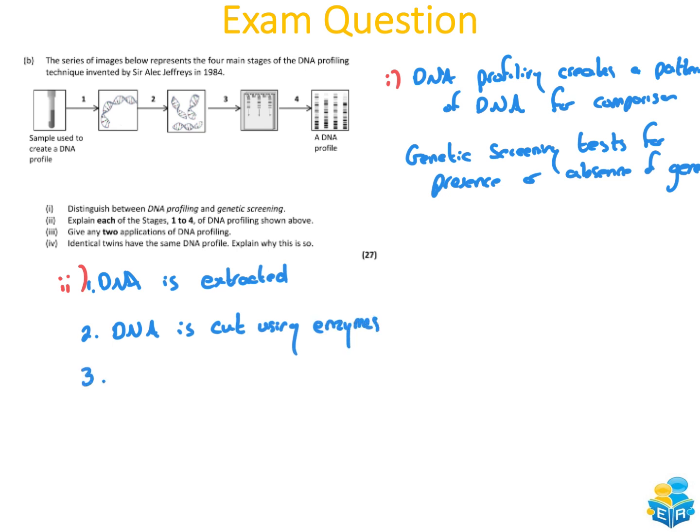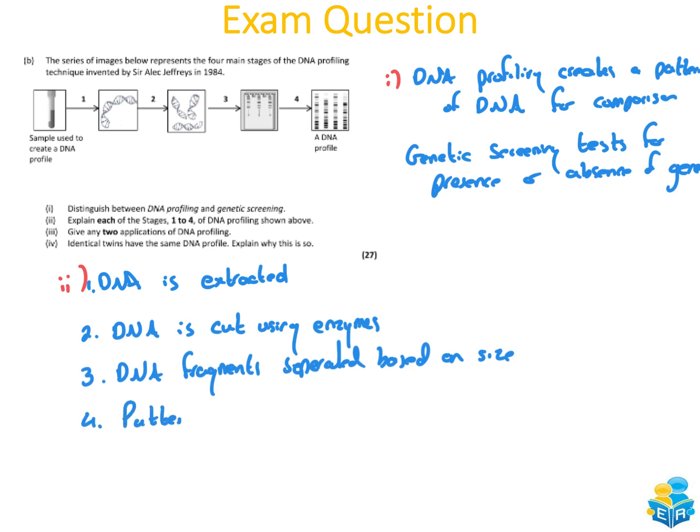Number 3, DNA is separated. So that's based on their size. You could mention there if you wanted that it's done through gel electrophoresis, but it's not actually required in this case. And then you can say there that the patterns are compared.